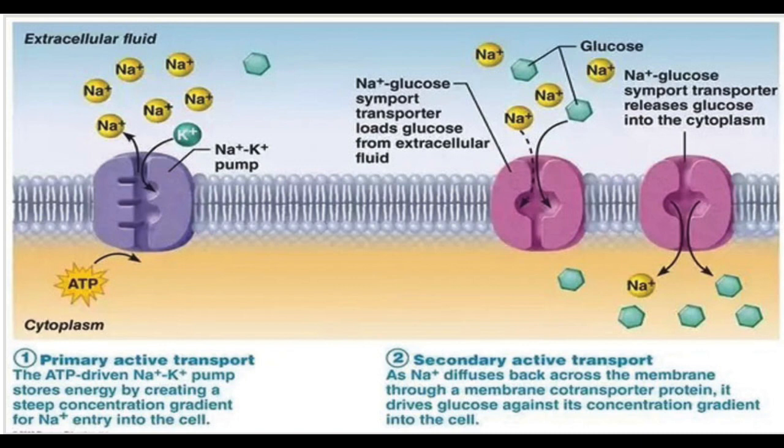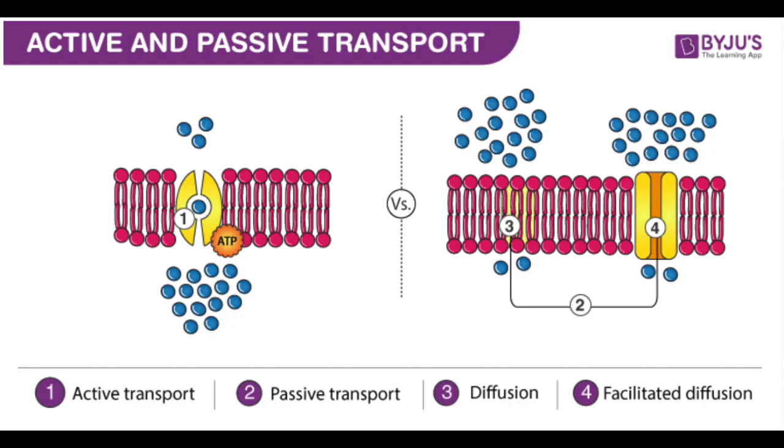Finally, we have secondary active transport. This is where the energy released from the diffusion of the first molecule through primary active transport is used to move a second molecule against its own gradient. So the ATP used to move molecule 1 creates an electrical field that propels a second molecule.